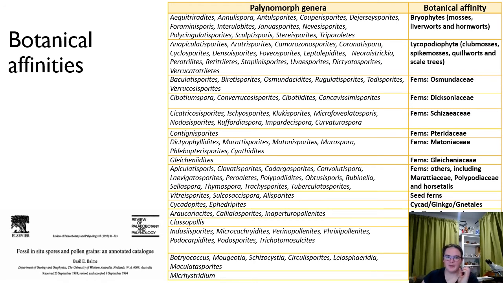Luckily for everyone in this field, there is the massive catalogue pulled together by Basil Balme, who went through every instance where people found a fossil plant from which they could extract the spore or pollen producing body, the palynomorphs, and go, on this basis, we know, for example, the palynomorphs we refer to as Gleicheniidites were produced by the Gleicheniaceae ferns.